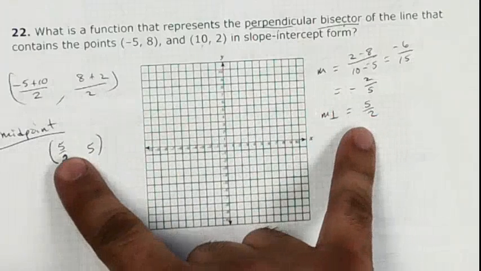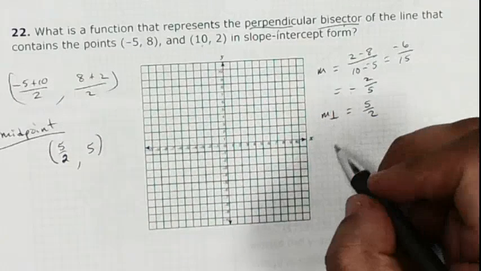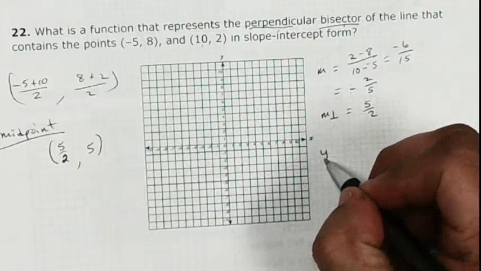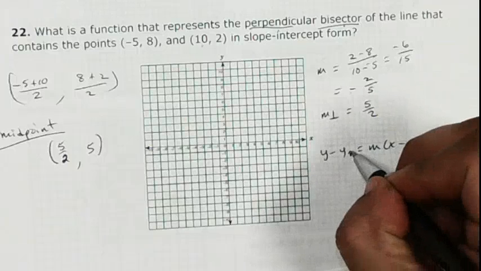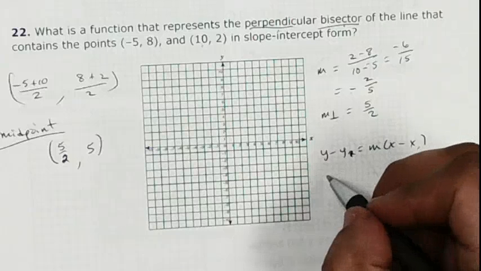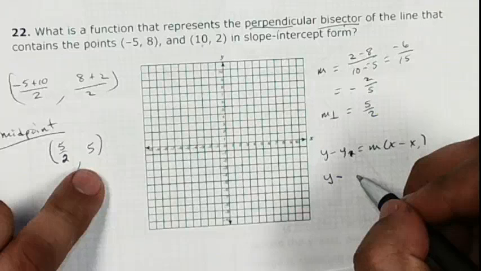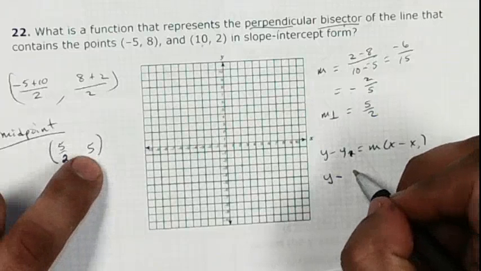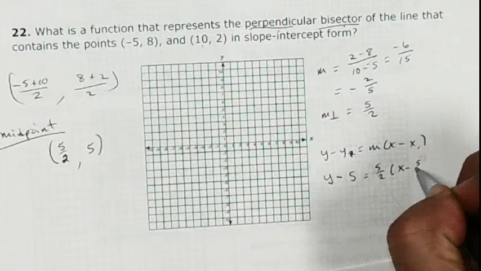Now I want to plug these two into the point slope form, which is y minus y1 is equal to m times x minus x1. I'm using my midpoint as my x1, y1, so it's going to be y minus 5 is equal to 5/2 times x minus 5/2.